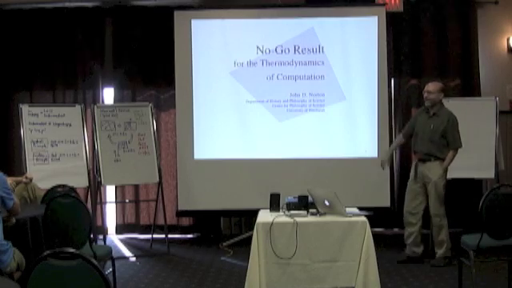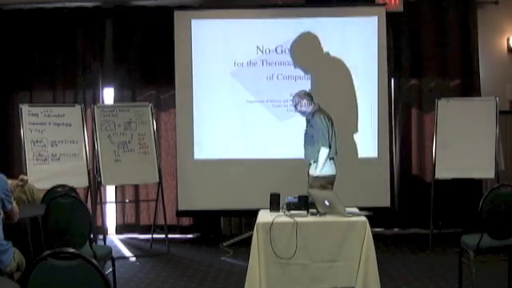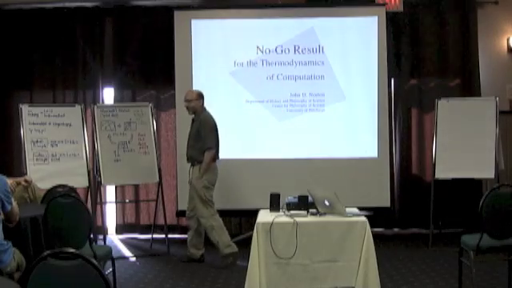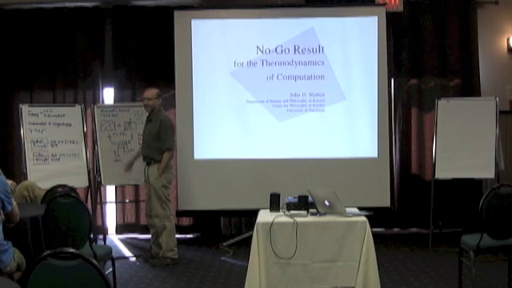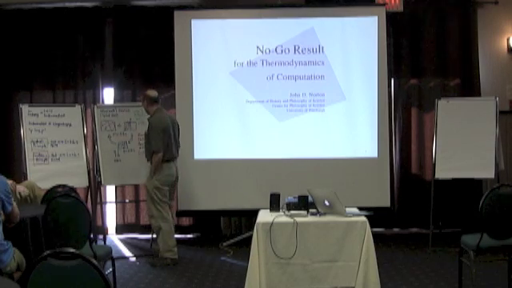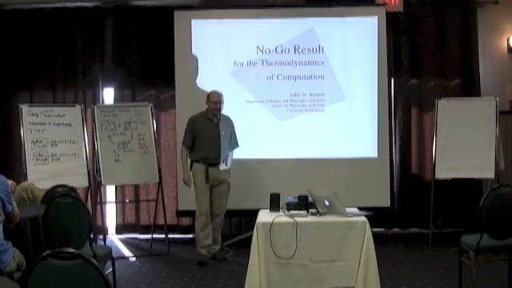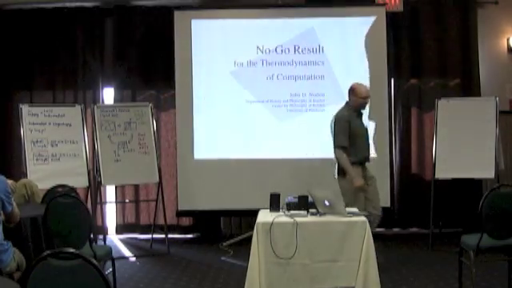I'll just leave that as a general claim. You'll understand much more clearly why I think that fluctuations are the key thing to look at, because that's the basic content of the no-go result that I'll talk about later on.